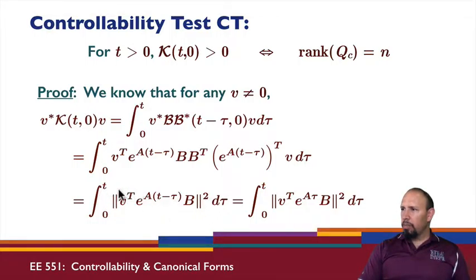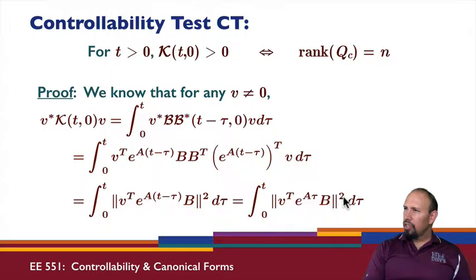I can simplify this by using a change of variable: instead of using t minus tau, tau is replaced with t minus tau, and I change the integral around, and I get this integral. Even though I'm using the same variable names, I've actually done a change of variables in going from here to here.